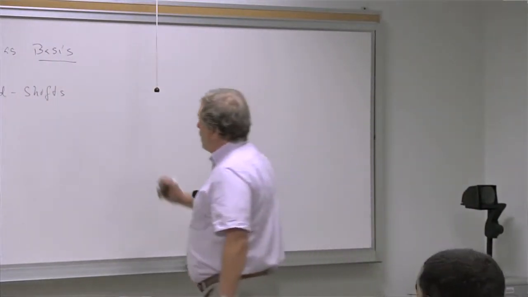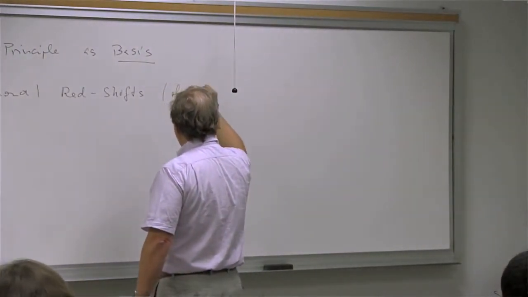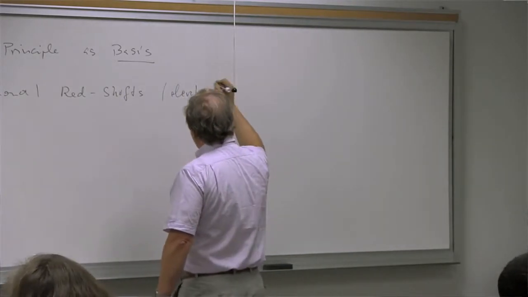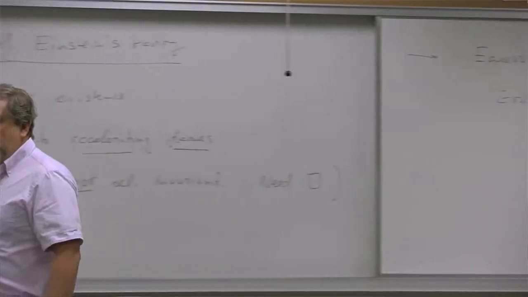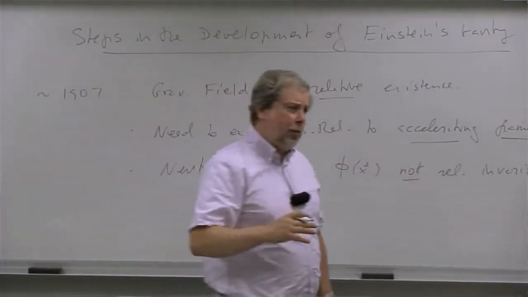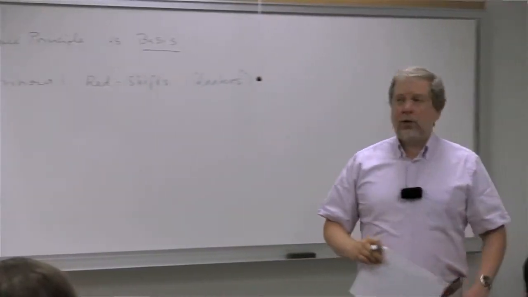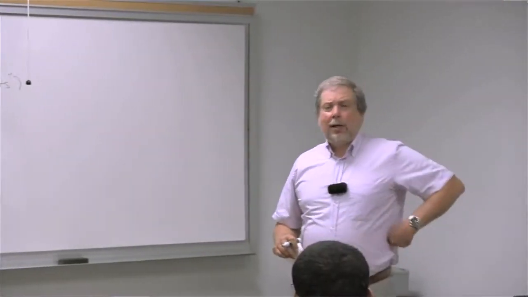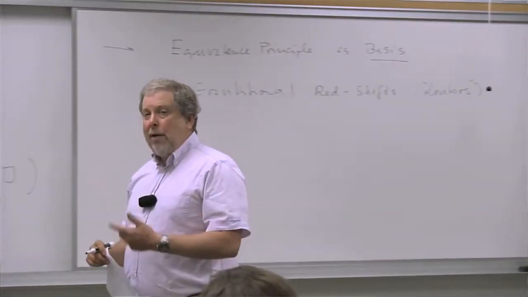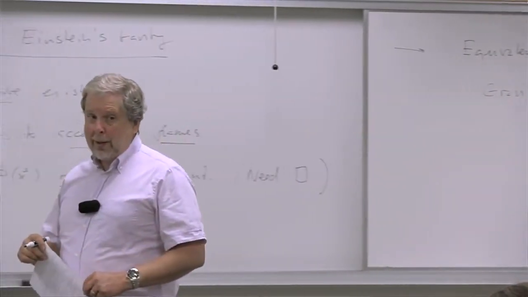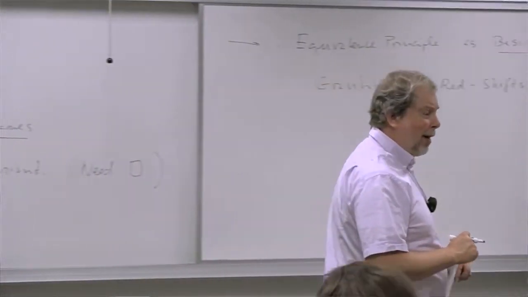And so he has a way to illustrate that, and that is through elevators. Right? Through elevators, he considers what happens when you have an elevator and you shoot a beam of light in that elevator. What is the difference between the elevator being at rest in a gravitational field or freely falling and so forth? And so he realizes that since a gravitational field is the same as having an accelerated frame, what you would expect to have is some sort of bending of light.